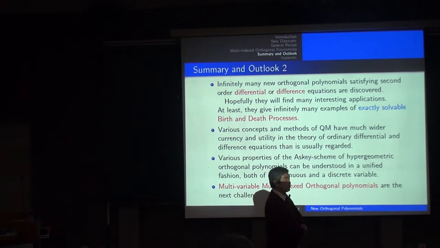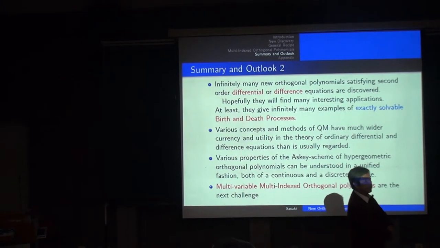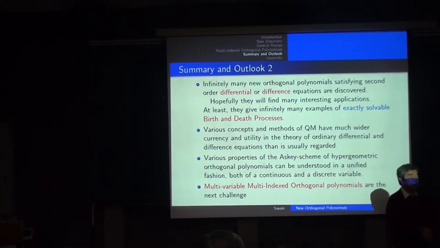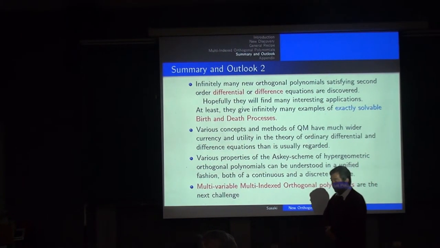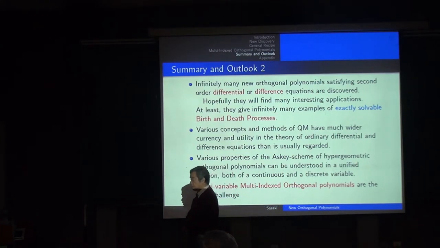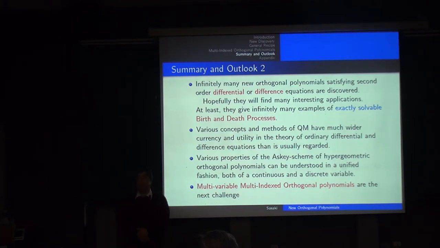And you learn that these orthogonal polynomials appear in many parts of mathematics and also physics. For example, representation of various groups, because special functions are always related to such things.